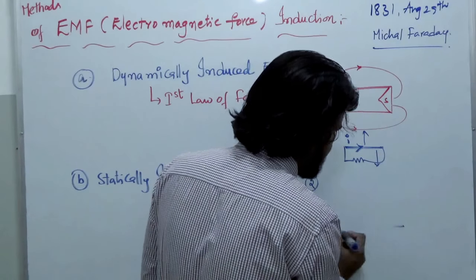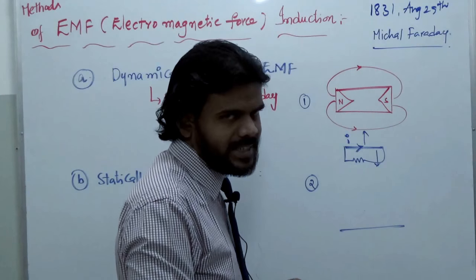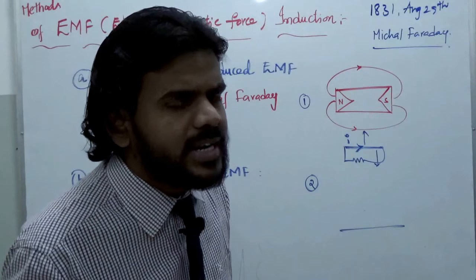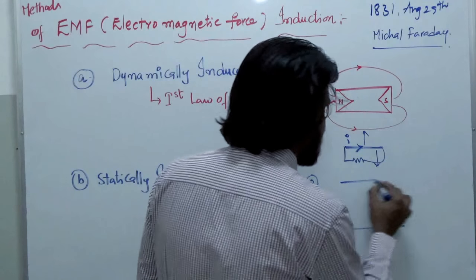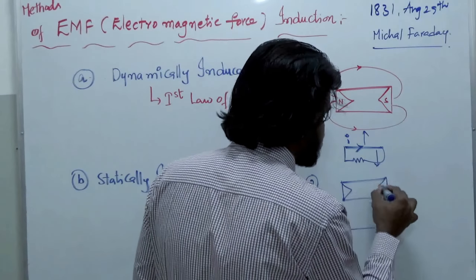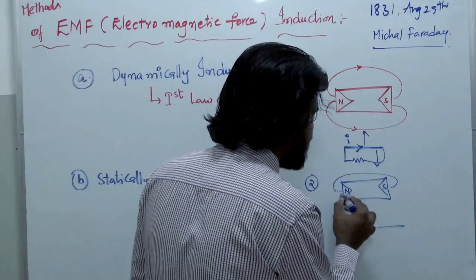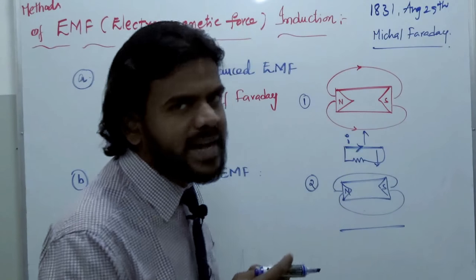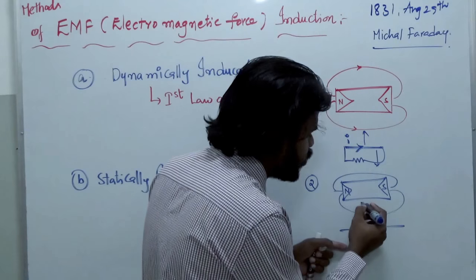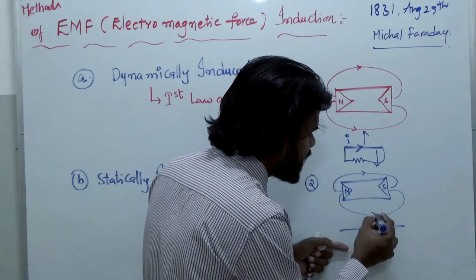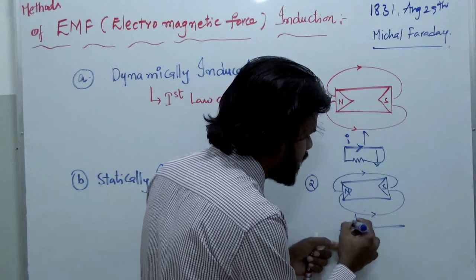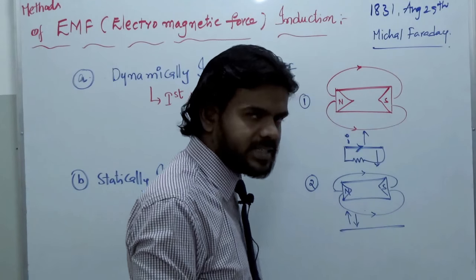I take the conductor and I take the magnet as it is, like the previous discussion. Now I don't move the conductor, rather I move the magnet, towards and away from the conductor.